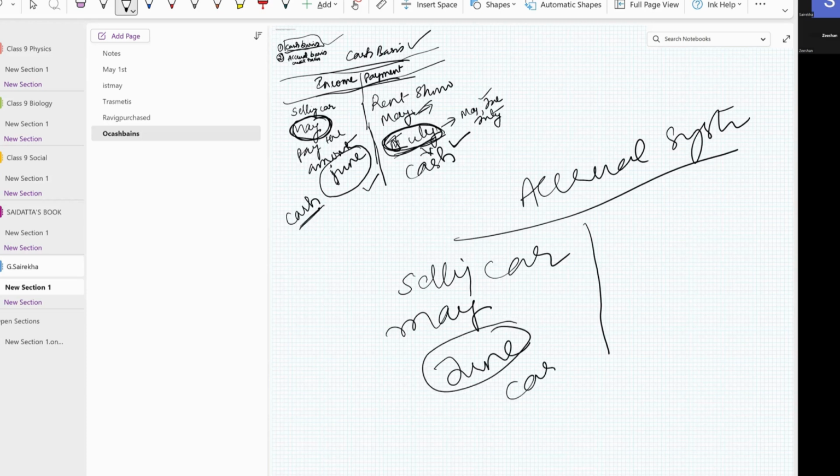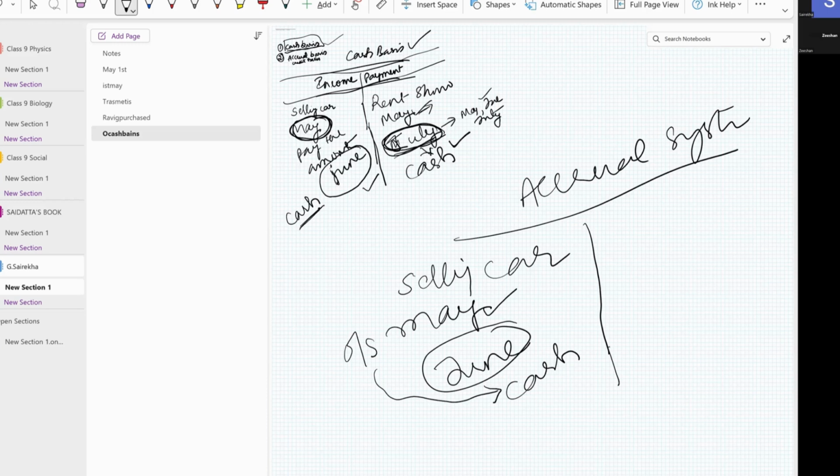Here the transaction has occurred in the month of May, and the customer says he will pay in June. In this type of system, we write May as outstanding amount, and in June we show that we have received the cash.